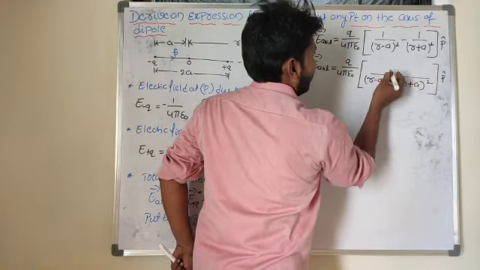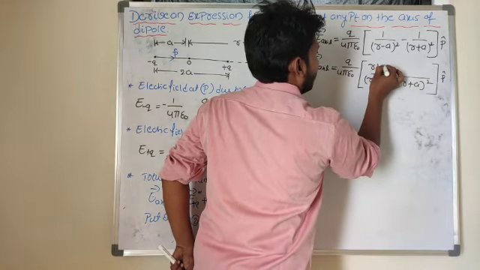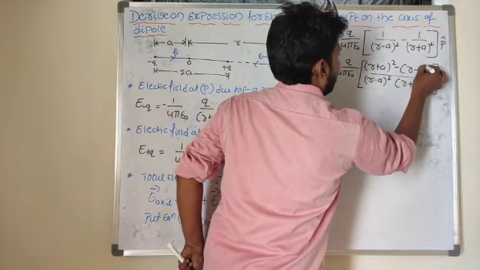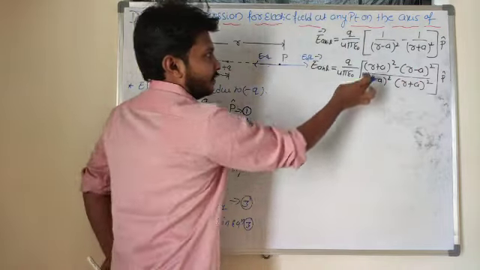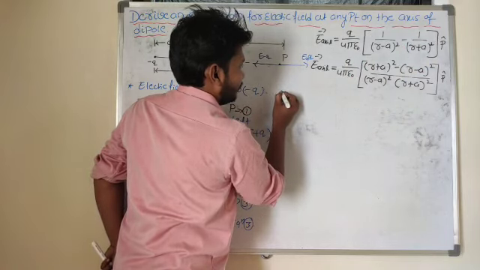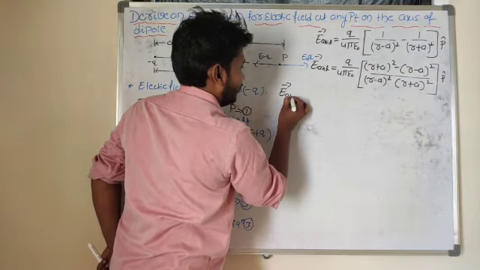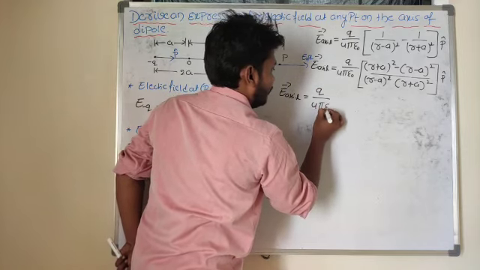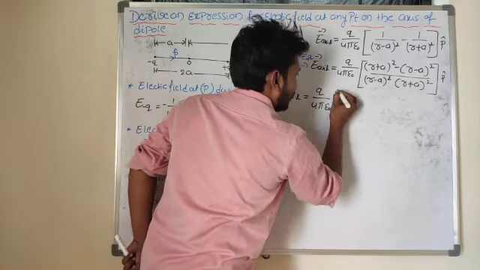So LCM means, what's that equation here? (r plus a) whole square minus (r minus a) whole square here. Did you get my point here? So I will simplify this equation, electric field at axial line, q divided by 4 pi epsilon naught.